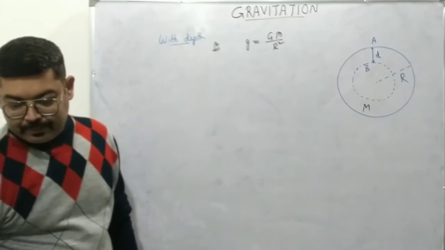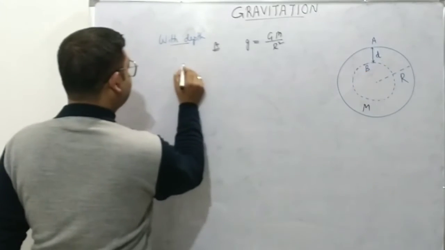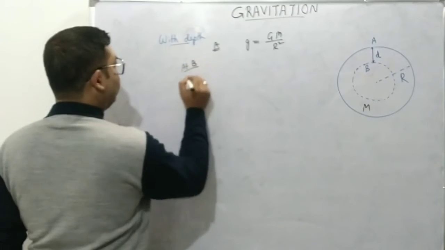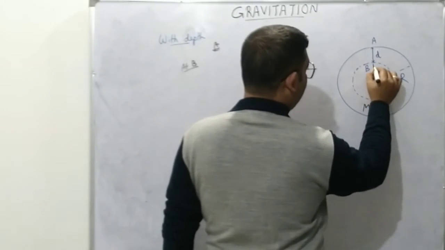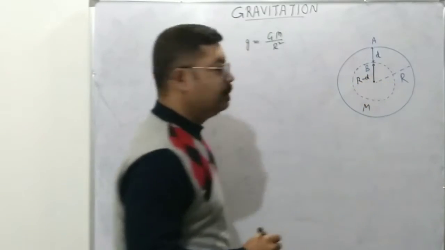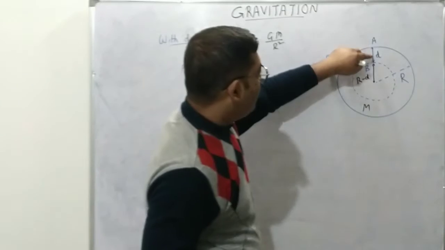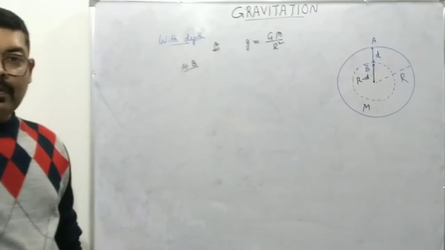However, at this point B, the distance from the center of the Earth will become R minus d, right? Since point B is at a depth of d from the Earth's surface.